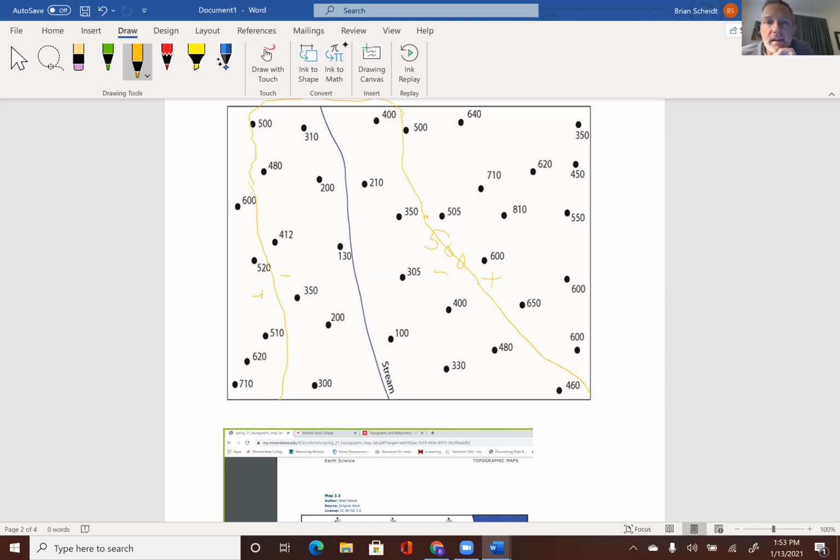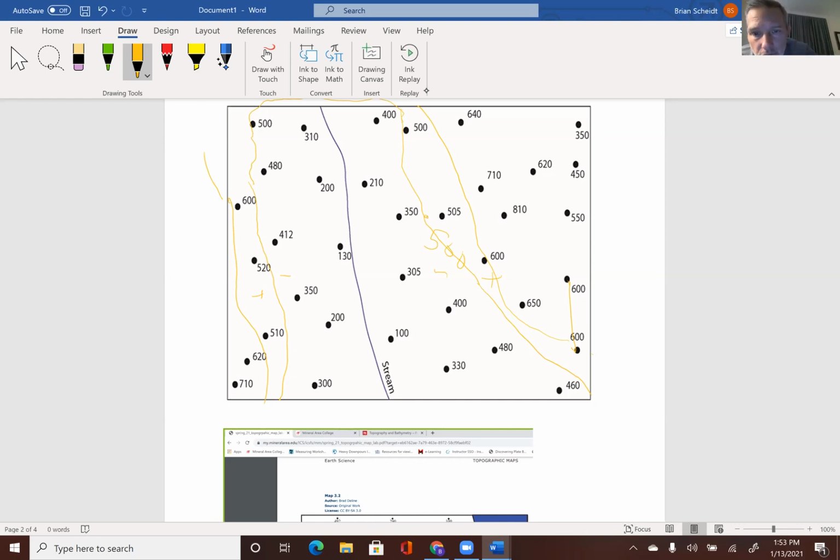Every one of my dots is going to hold true to my line of 500. My next line is going to be my 600 line. Oh, I've got two 600s, so I'm going to connect those two. 600, 600, 600. And again, this would wrap off the page here.